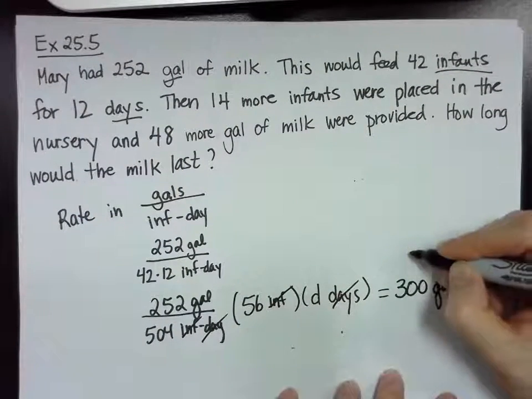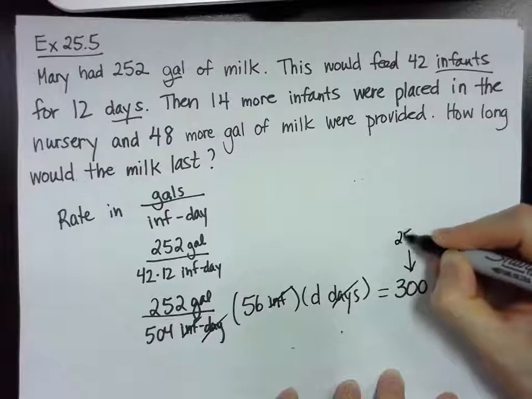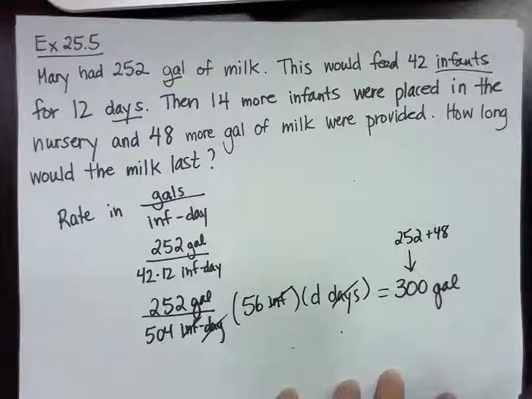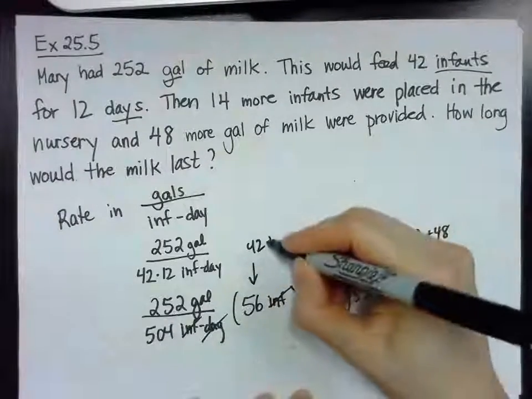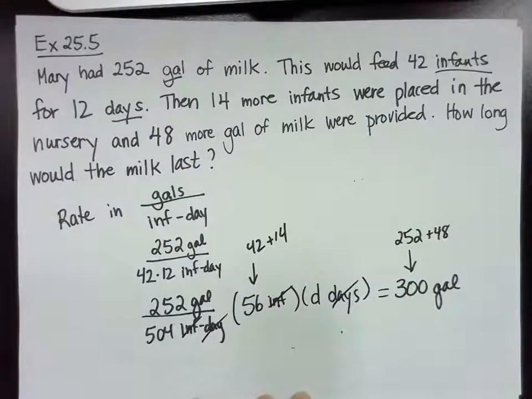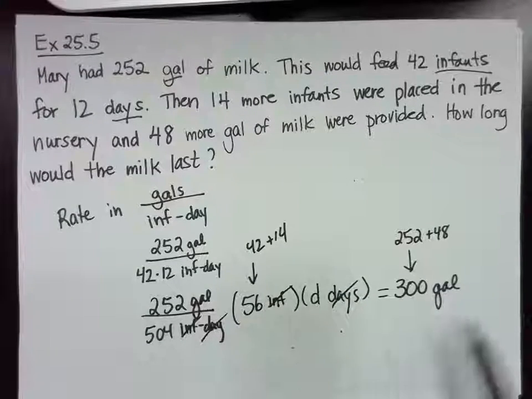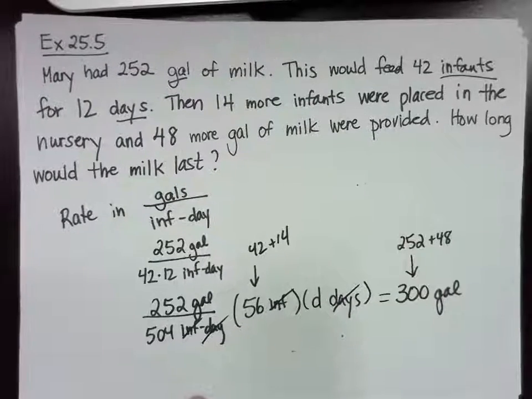Okay, so this was the 252 plus the new 48 that they got, and this one was the original 42 infants plus the 14 that were added. Okay, so we've got gallons on this side, gallons on this side. Everything seems to match, and so now all we have to do is solve for D, the number of days.